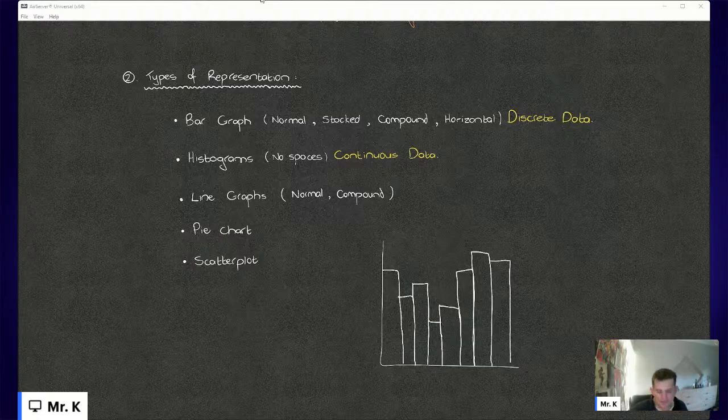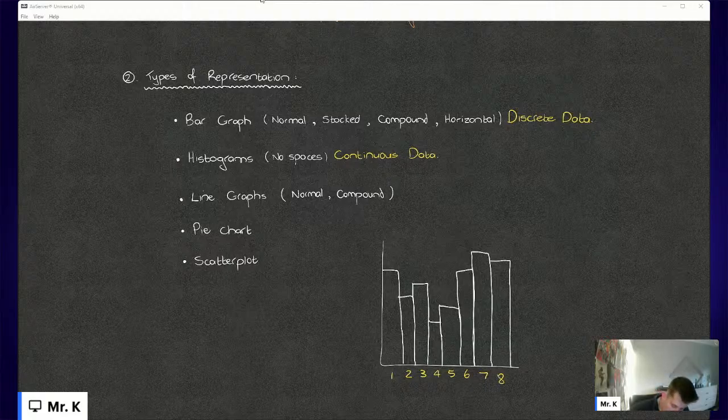So, for example, if we were talking about the speed of the wind over time, over the course of 7 days, 1, 2, 3, 4, 5, 6, 7, let's just say 8 days, right? The speed of our wind can change quite drastically over time.